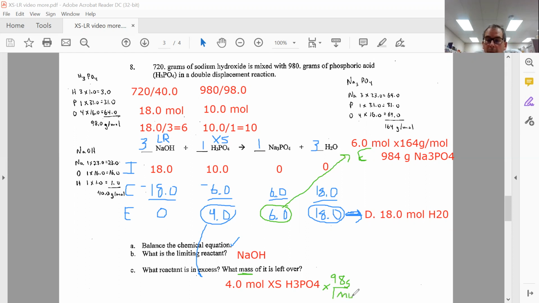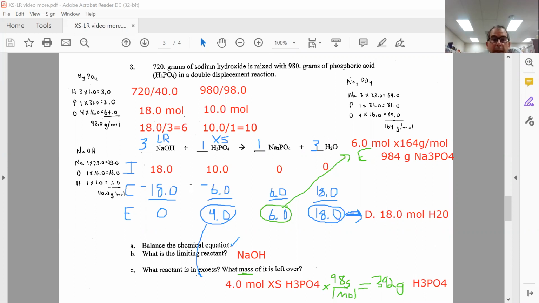It's like, I know my moles, I know my mass, and just double check to make sure you do things right. And I think that's going to be 392. And I'm going to say grams. And I could say, we know it's H3PO4, but I'll write it in here, H3PO4.